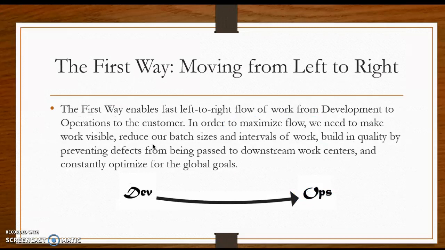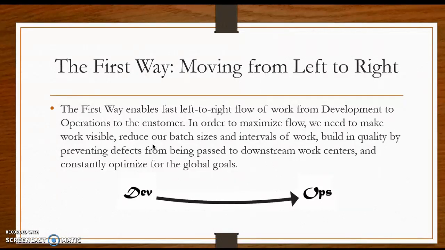So to explain a little bit more, we have the first way, moving left to right. The first way enables fast left to right flow of work from development to operations to the customer. In order to maximize flow, we need to make work visible, reduce our batch sizes and intervals of work, build in quality by preventing defects from being passed to downstream work centers, and constantly optimize the global goals.